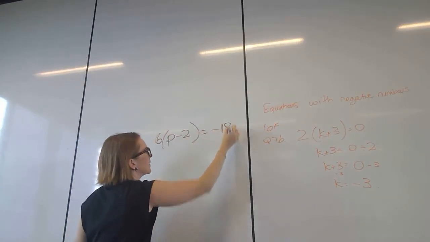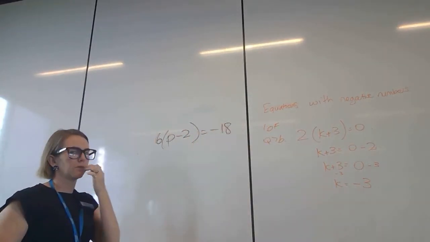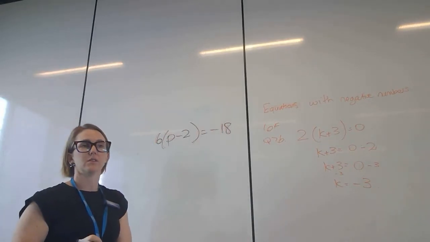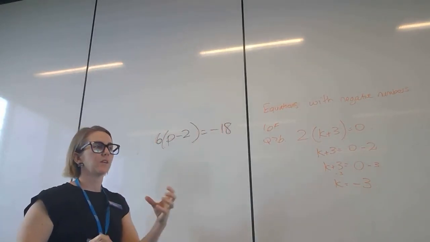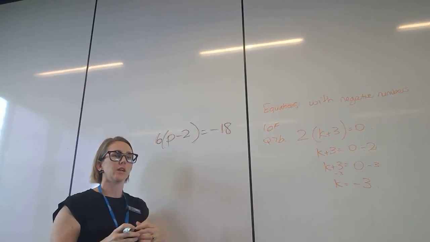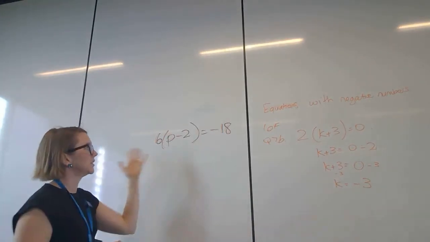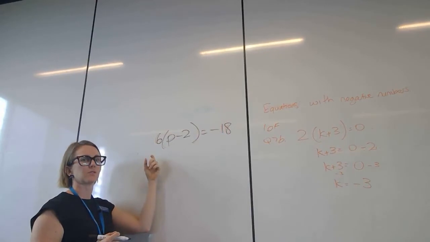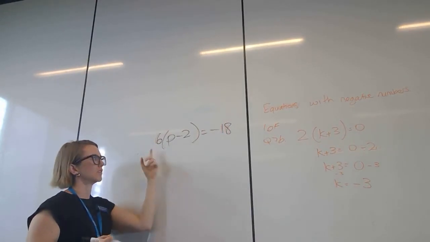As I said, we do go into this heaps more in the rest of this term. But if I have a negative number, let's say I've got -18, and for this equation I'm going to remove the 6 from here and divide it because it's times in there.